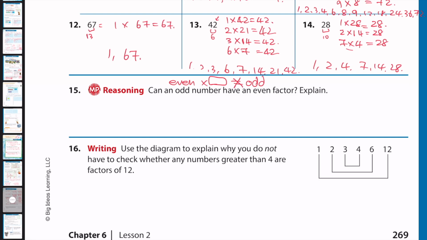An even number multiplied by any number has to be an even number. So an odd number can't be a multiple of an even number. So let's say odd can be a factor of an even number.